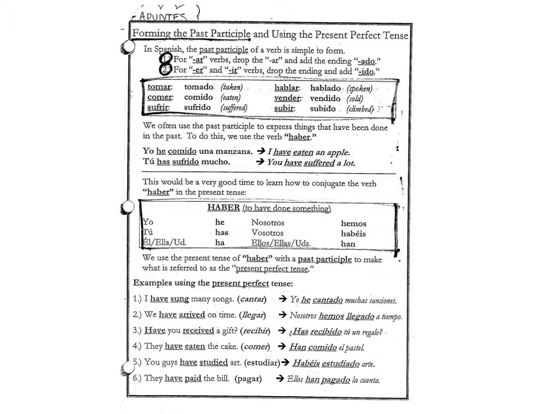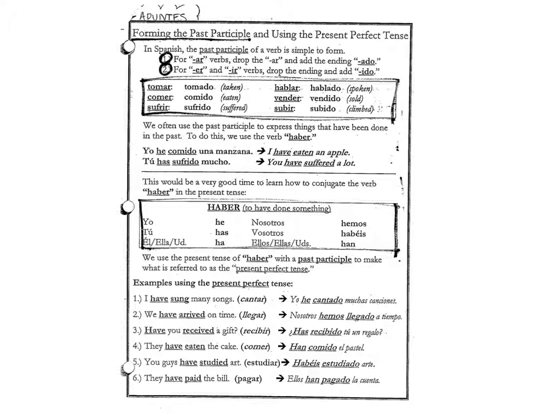Okay, so we've got forming the past participle, and what you do with an AR verb is you're going to chop off the AR, you're adding ado, A-D-O. There are irregulars. However, the irregulars I will show you on the next page.